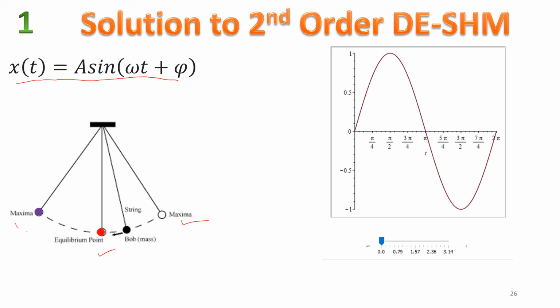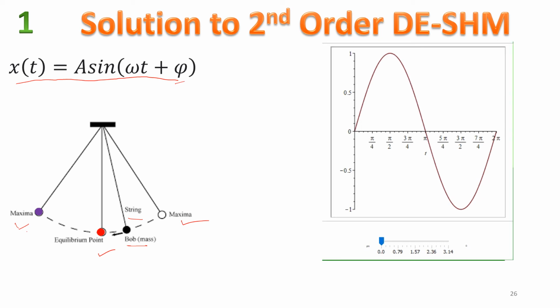This is the generalized representation of the bob attached to a string, and as we make the bob travel from one extreme position to another extreme position, we have sinusoidal representation, and as the initial phase varies, I'm trying to show you how things behave.